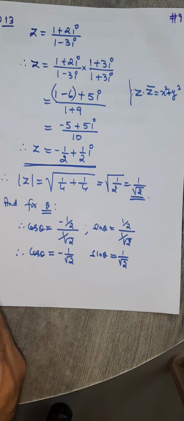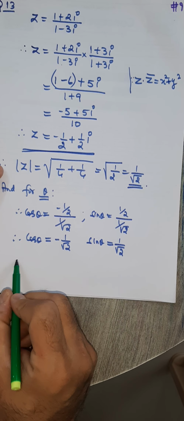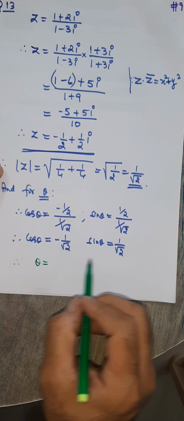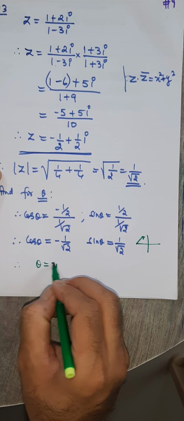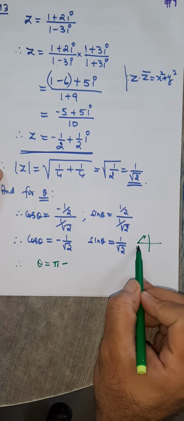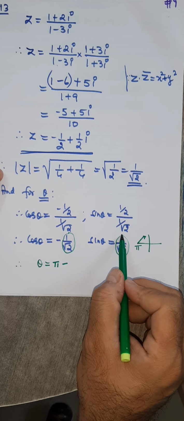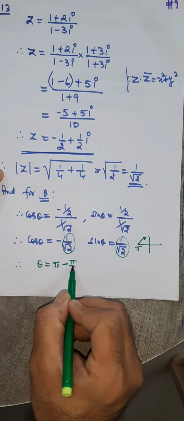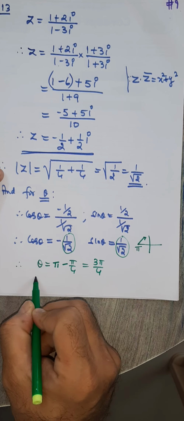Cos negative, sin positive, so theta will be in which quadrant? You know, second quadrant. Therefore, as we did here, second quadrant means pi minus something. For what value of the theta, cos theta and sin theta both will be 1 by root 2, that is pi by 4. So your argument is 3 pi by 4.